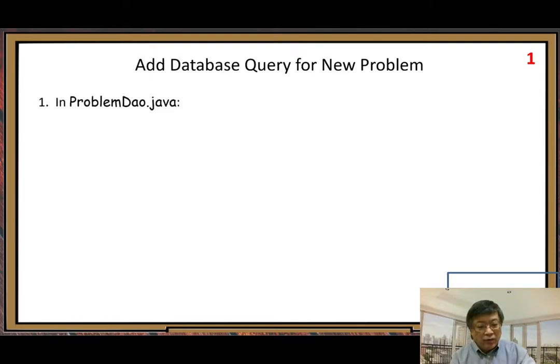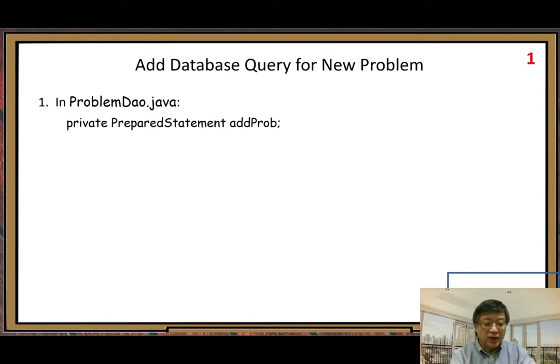So let us work on our problem DAO.java. The first thing we need to add into this class, this prepared statement, add prob as our query object. Then we need to define this query in the constructor.